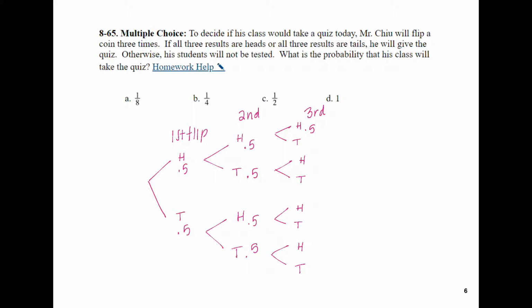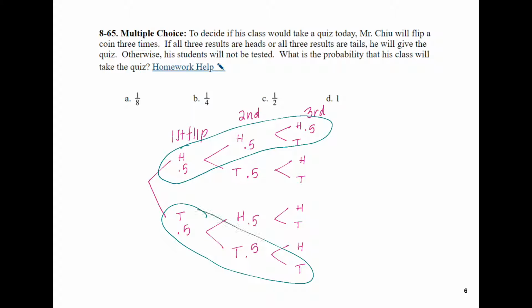So we said that in order to take the quiz, he would have to get 3 heads in a row or 3 tails in a row. So the chances of flipping heads 3 times would be 0.5 times 0.5 times 0.5.